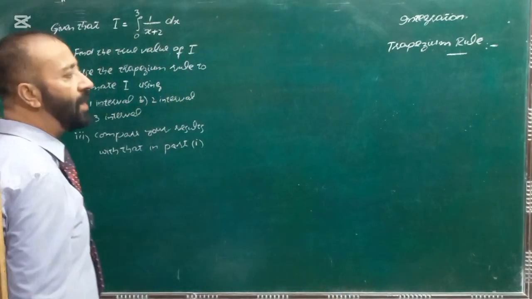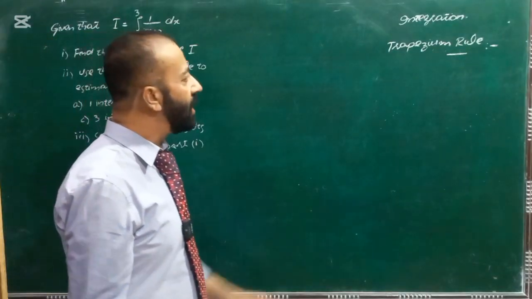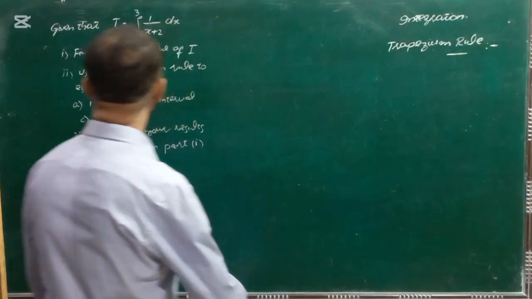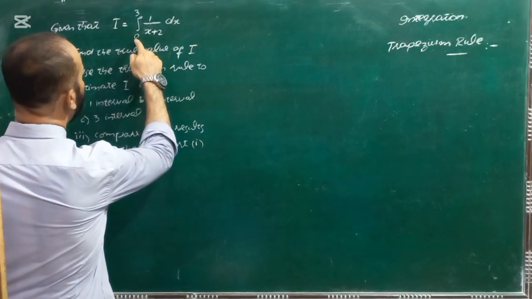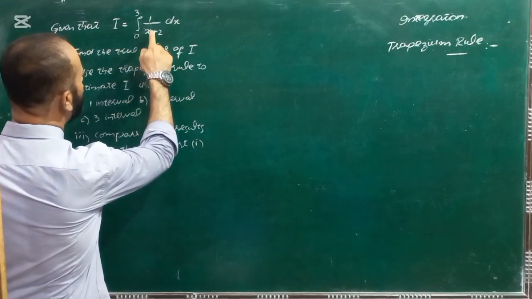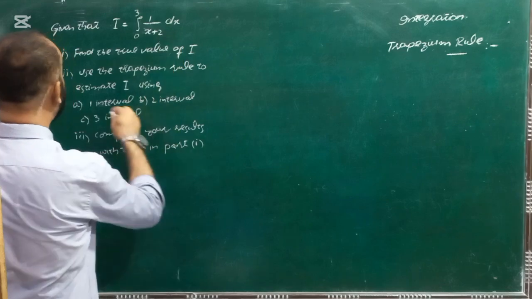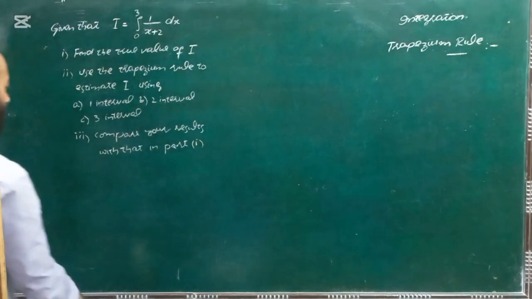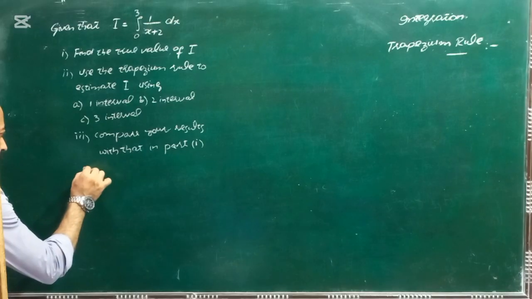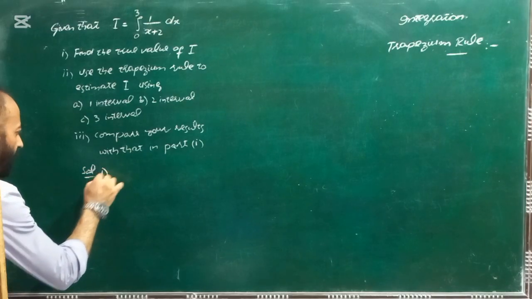So here is a question that will make your concepts more clear about the trapezium rule. Look now, given that I is equal to the integral from 0 to 3 of 1 over x plus 2 dx. First part is find the true value of I. The first part is simple integration.